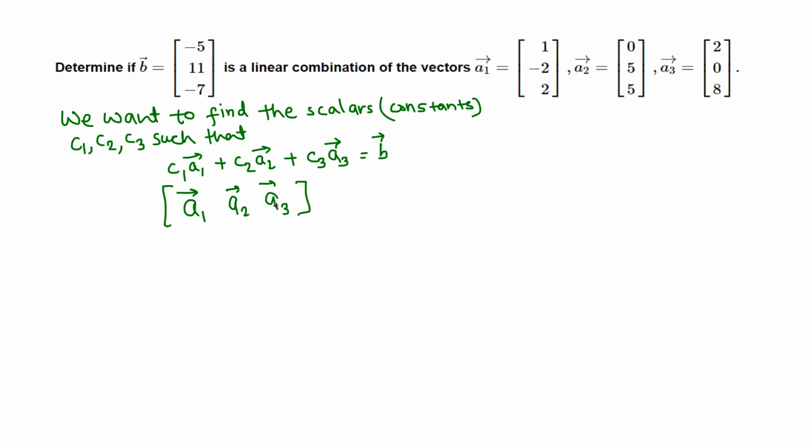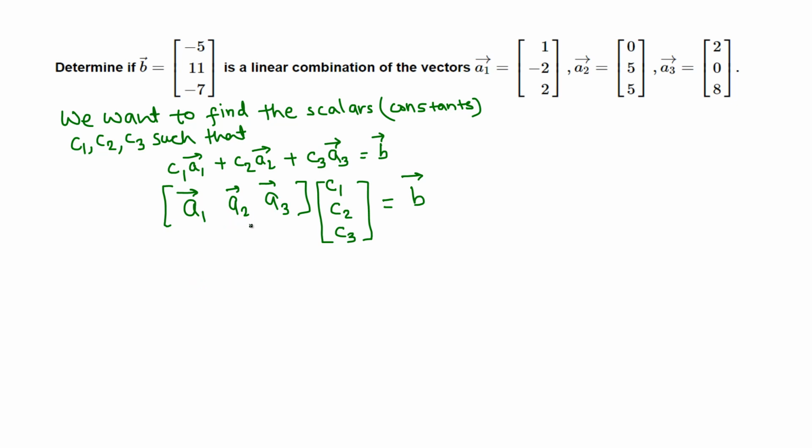In fact, this is a 3 by 3 matrix because a1 itself has 3 members, times c1, c2, c3. If we multiply, we get this. Is that equal to B?